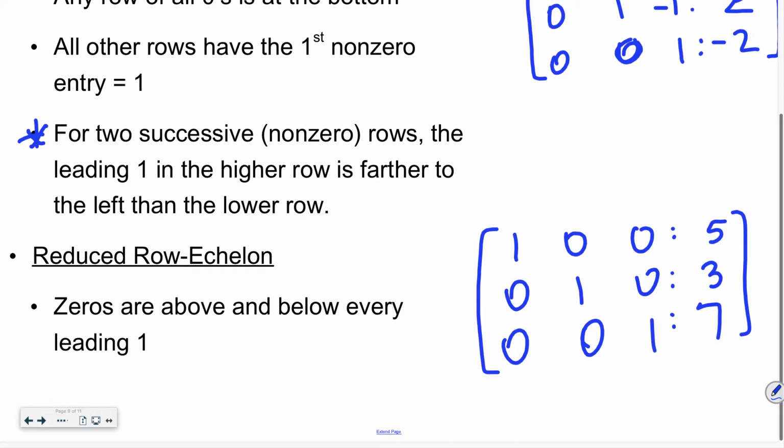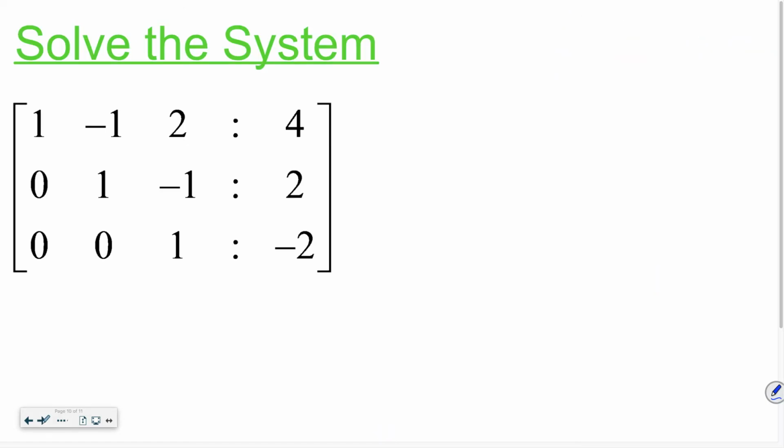Okay? So I'm going to give you a row echelon form system real quick and talk about why, yes, reduced row echelon form is nice because bam, bam, bam, we know x, y, and z. But row echelon form is still nice. Let's talk about why.